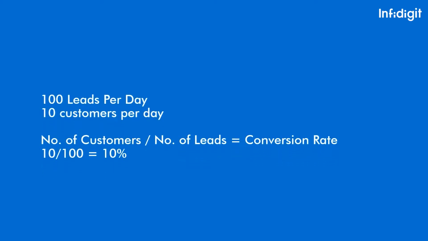Let's take the case of an insurance client. Assume that these people are getting, let's say, 100 leads per day and 10 customers per day, and based on that they're getting a particular revenue. I'll just keep the numbers low for an easier explanation. With this, we know that of the 100 leads, 10 customers are converting, so the conversion rate is 10%, right?